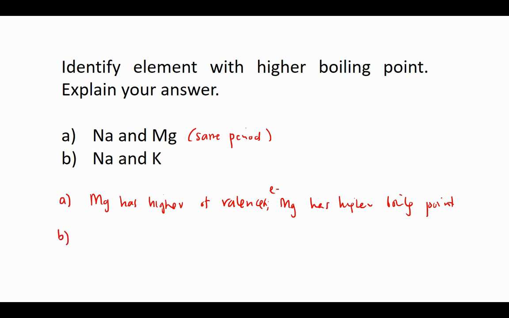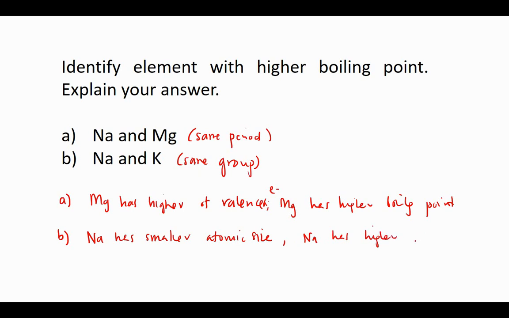But question B, sodium and potassium are elements from the same group. Potassium is in lower period than sodium, so sodium has smaller size. Therefore, sodium has higher boiling point.